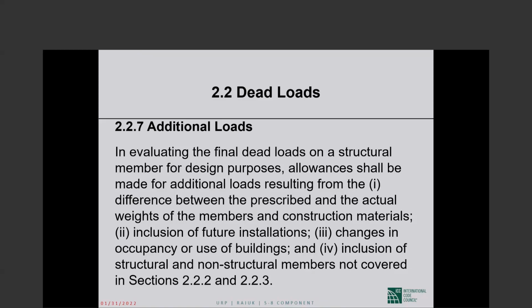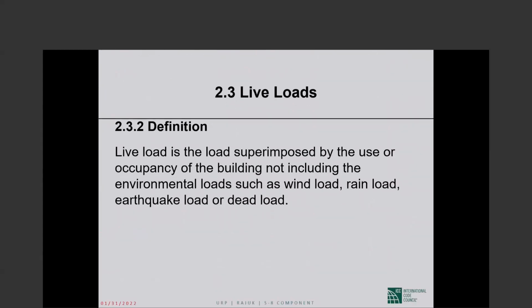Inclusion of structural and non-structural members not covered. So all of that, the entire section on additional loads, as I said, the thought makes sense, but I do not believe this is common practice. And if you ask me, I wouldn't know what to consider, how much to consider.